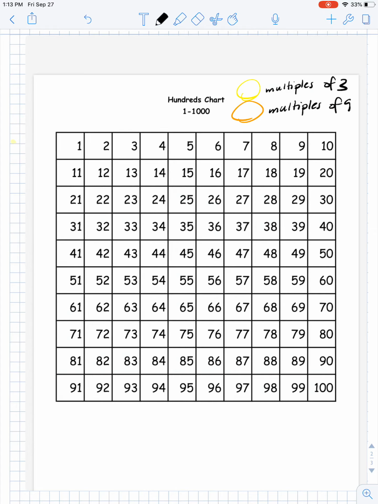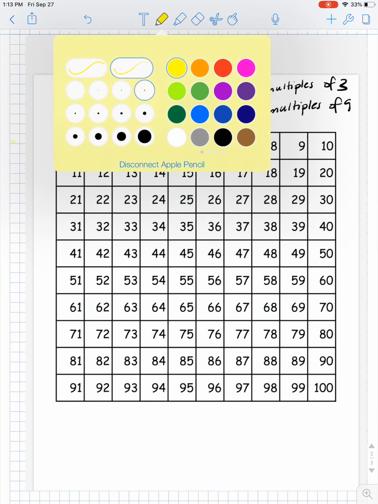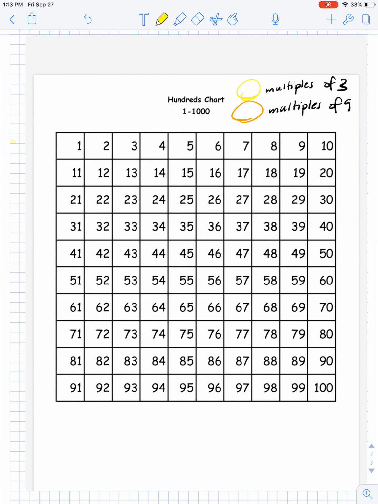On the previous page, I had just asked you to list the first 10 multiples of 3. So let's go 3. Again, you can pause the recording if you want to, and then just check your answer afterwards. I'm going to continue 6, 9, 12, 15, 18, 21, 24, 27, and 30. Those are the first 10 multiples of 3 that I've circled in yellow.